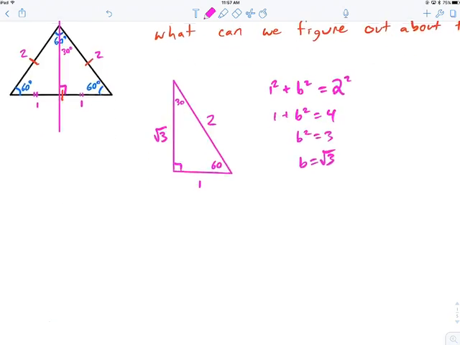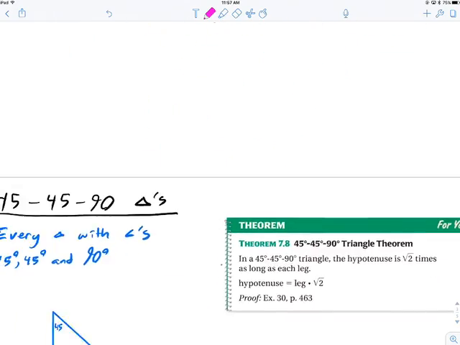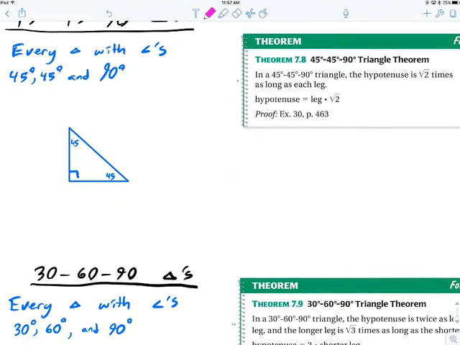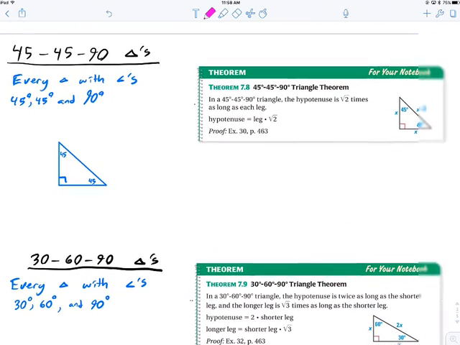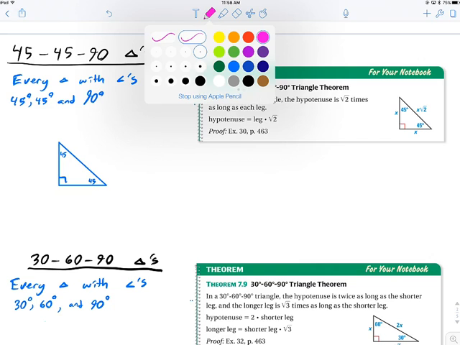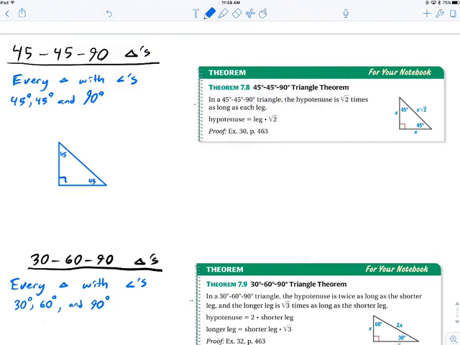Okay, let's scroll down here. So that's what we figured out about these two triangles. Every single triangle with angles 45, 45, 90, or in other words, every single isosceles right triangle, is similar to this triangle here, which is 1, 1, root 2.